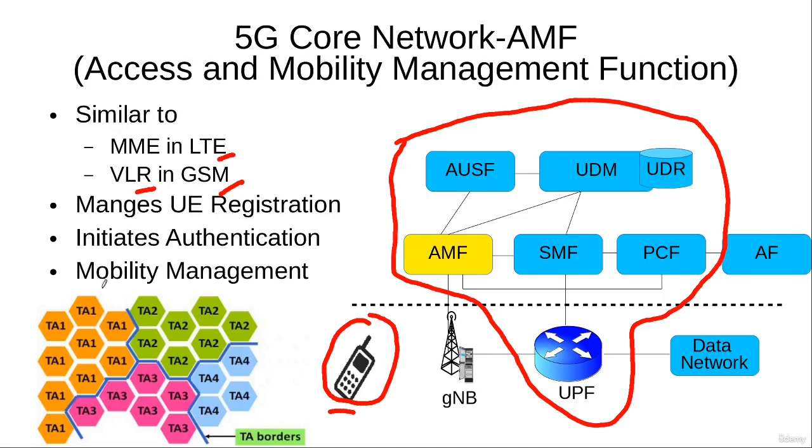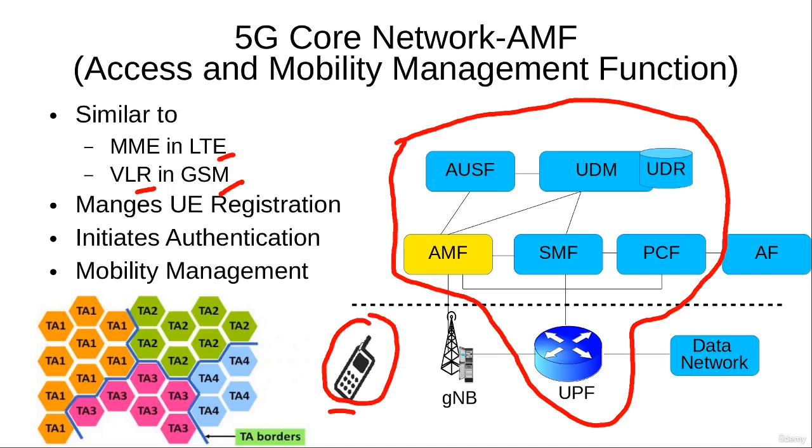Another important function of AMF is mobility management. Now, the user equipment can be in one of two states. Either it is idle, that means that this user equipment has registered itself to the network, but it is not in a call.